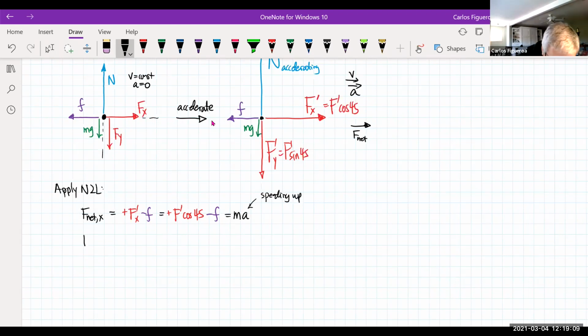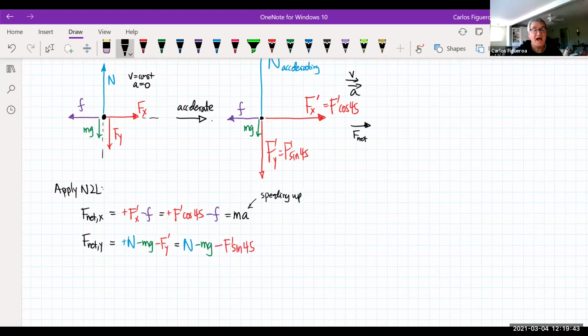Okay, and then if I go to the y direction, everything's the same as before. So I'm going to get a positive normal. And again, I got mg and fy prime like this. When I write this again, I have my normal minus mg, then minus F prime sine of 45.